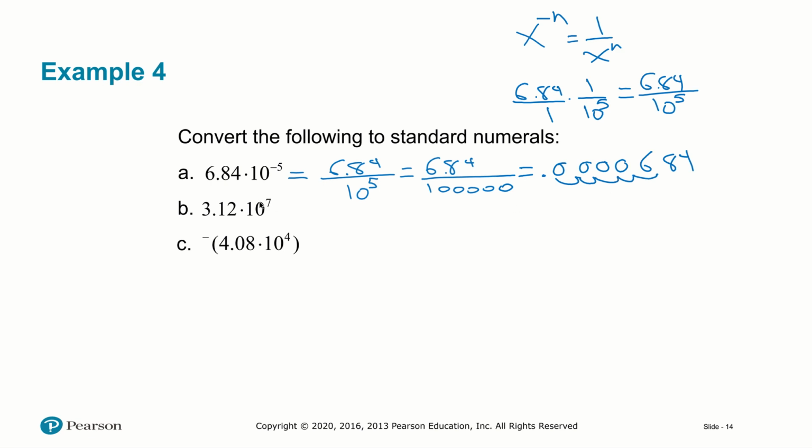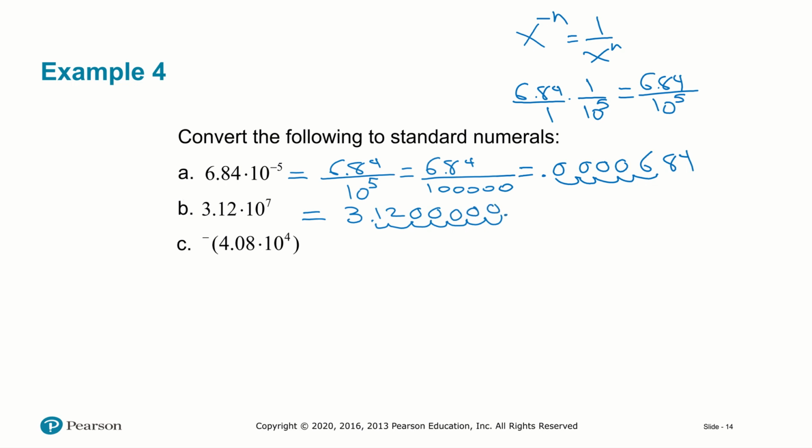The same goes with positive exponents, except that in this case, for example, with 3.12 times 10 to the 7, we would move the decimal point 7 places to the right. So we start with 3.12 and we move the decimal 1, 2, 3, 4, 5, 6, 7, right? So when we run out of digits, we add zeros.